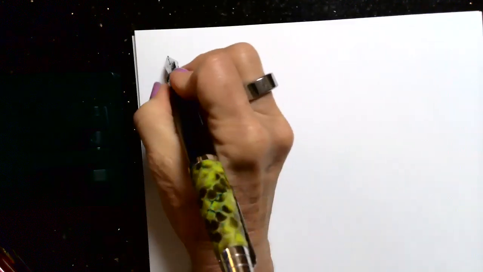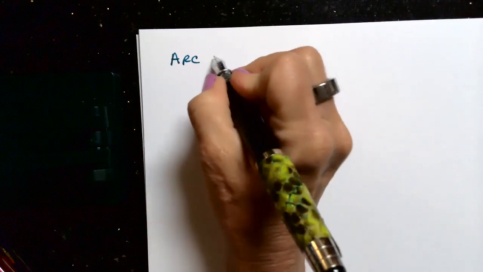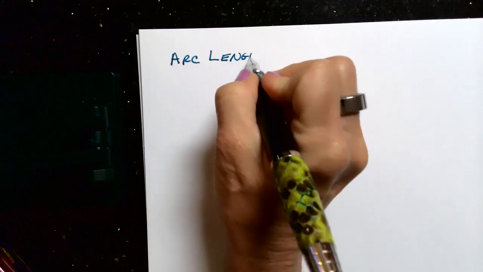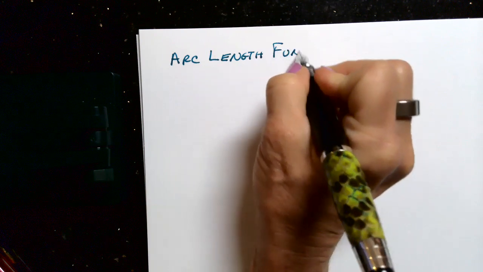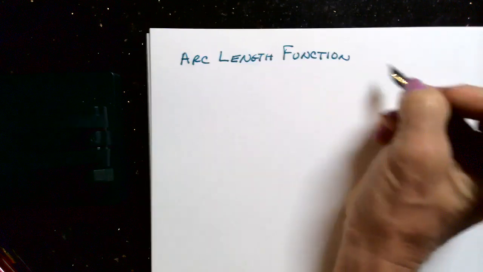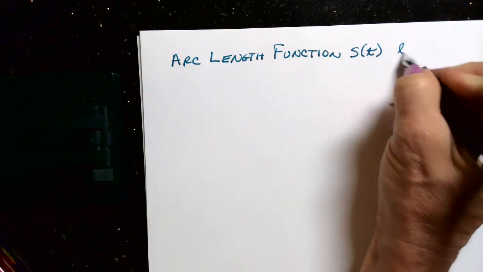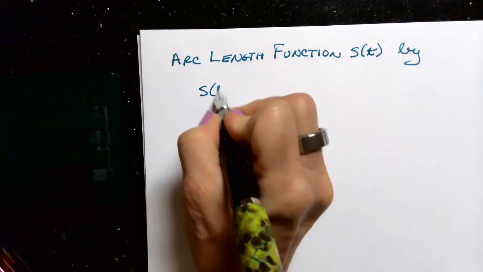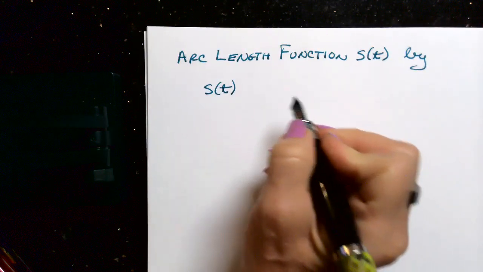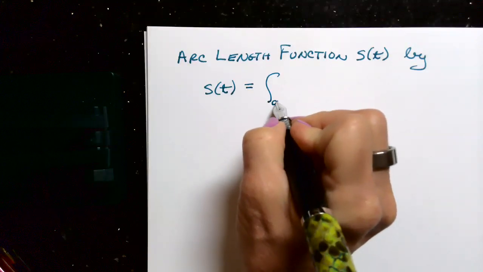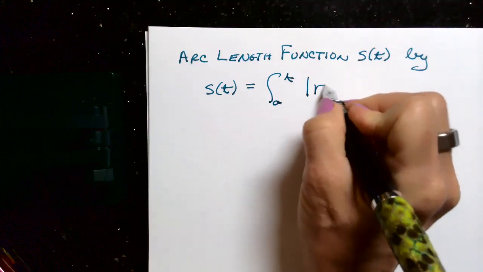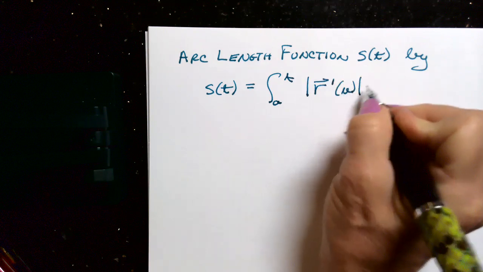So we define the arc length function s of t, and it's traditional to use little s, as nearly everyone does, as the integral from a to t of the length of r prime of u du.